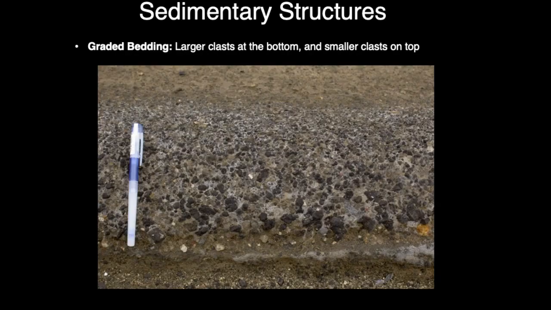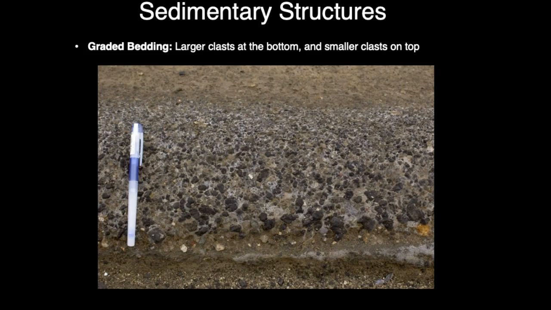Another special type of bedding are called graded beds. In this case, the particles in a single stratum change from being very coarse at the bottom to being very fine at the top. So that's why they're graded. And this is typical of environments where you have rapid deposition from high energy water currents that slow down and later lose a lot of energy.